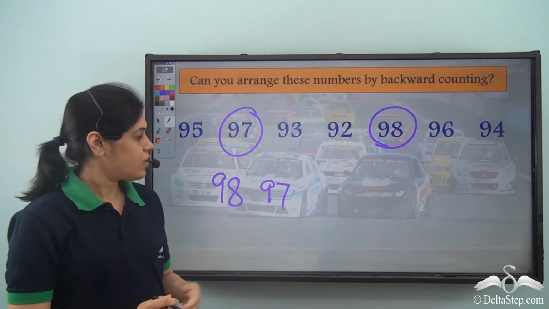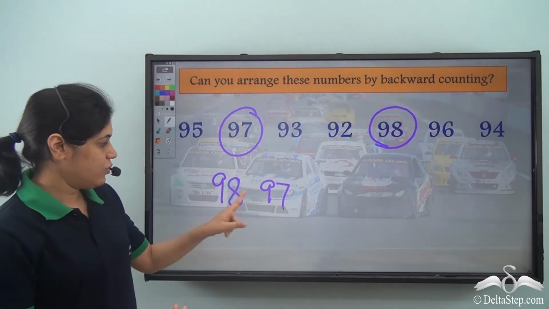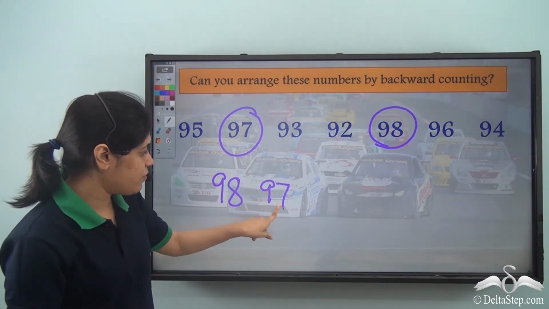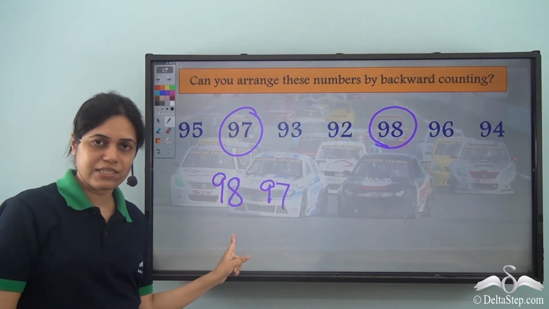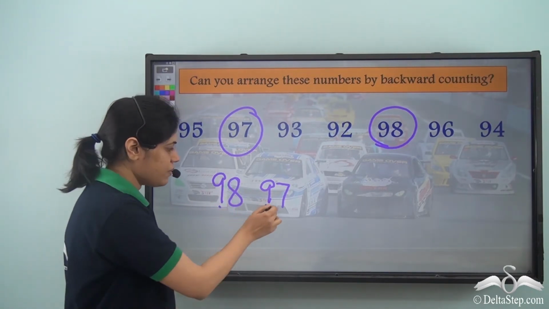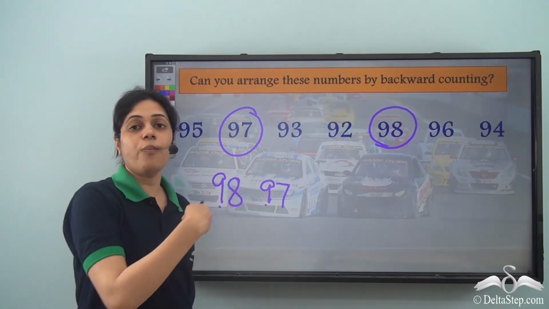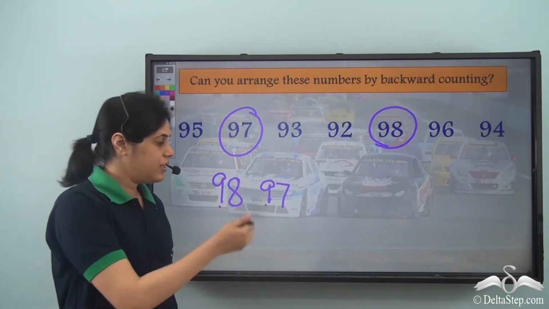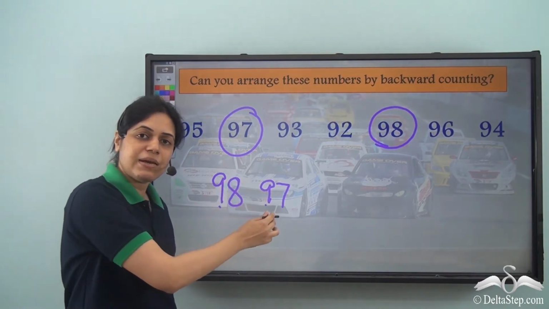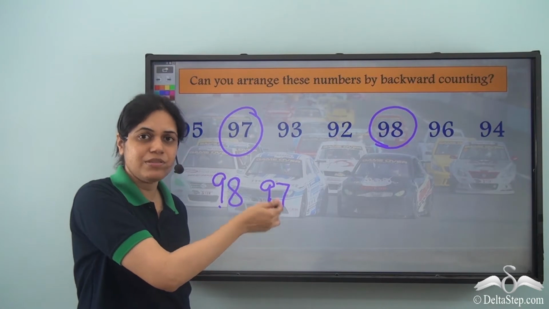97. What comes before 97? We know that when we move from 97 to 98, this 9 remains the same, but 7 increases to 8. So we can do the opposite for backward counting. The 9 will remain the same and 8 will change to the previous number 7.